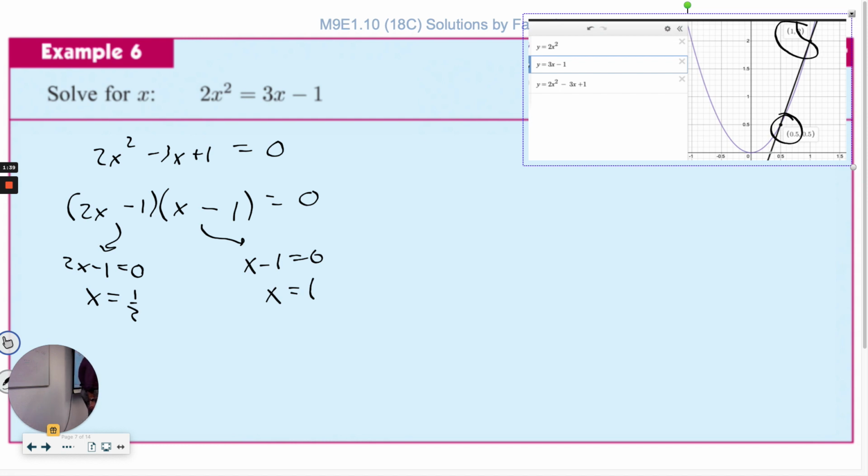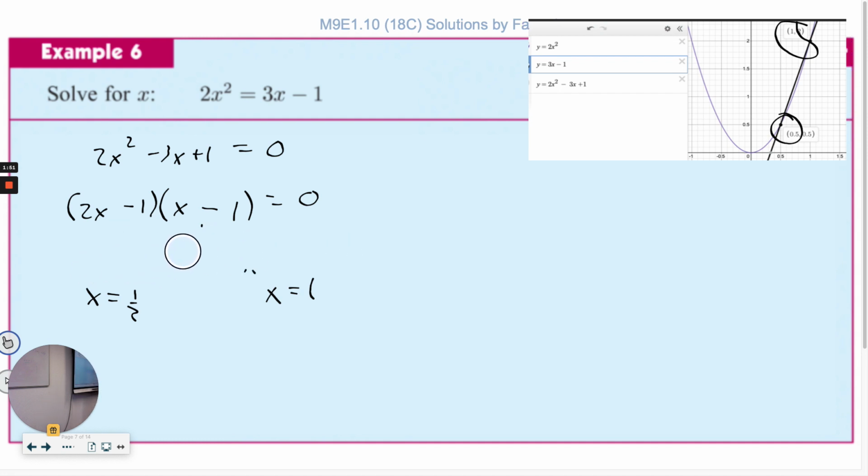Neat? When doing this on a test, do you want us to write out, from the two brackets, the step that 2x minus 1 equals 0? Or can we skip it? If you go straight to here, fine, unless you mess up. Then I can't give you any credit, right? Because often I'll go from there and just be like, 2 over 1, right? Especially if it's like this, I always jump. But as this gets gnarly, I'll slow down.